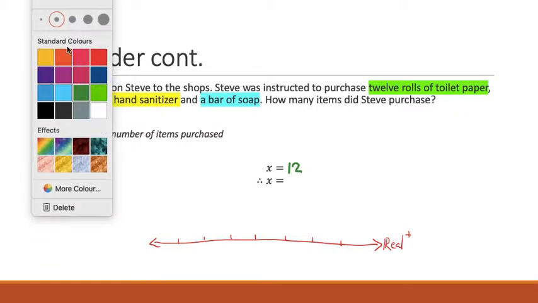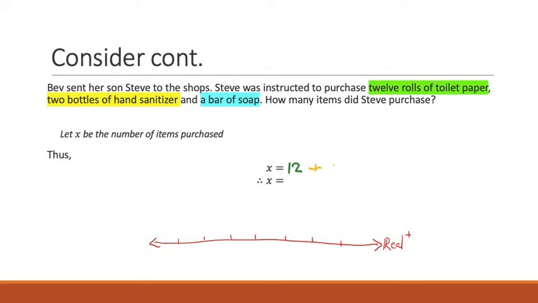He then purchased plus 2 bottles of hand sanitizer, and finally he purchased 1 bar of soap. So in total, Steve purchased 12 plus 2 plus 1, that is x equals 15. Thus, Steve purchased 15 items.